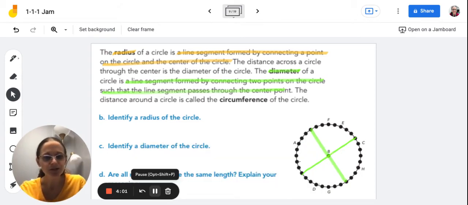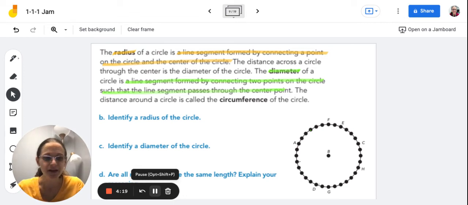What do you think? I want you to talk with a partner. Are all radii of the circle the same length? Why would you think so, or why would you think not? Go ahead and talk with your partner and pause the video. All right, I hope that somebody said yes, all radii are the same length.